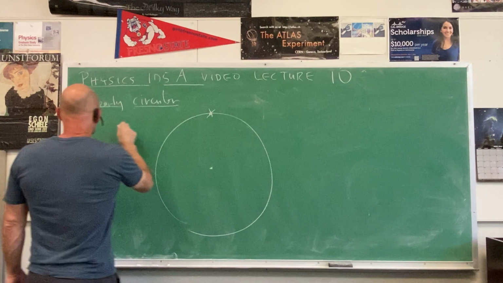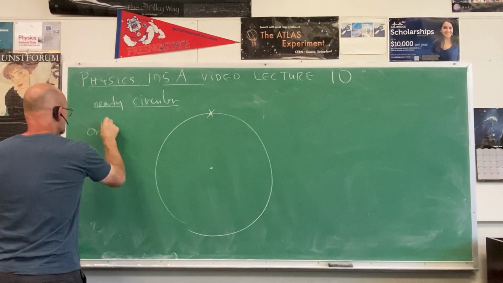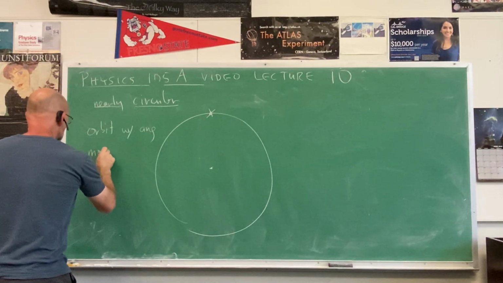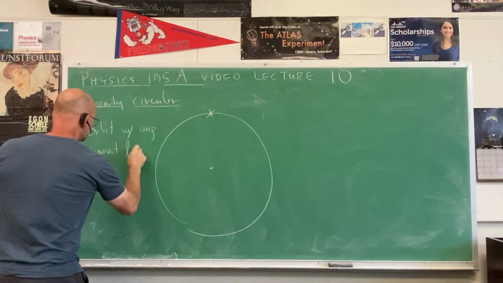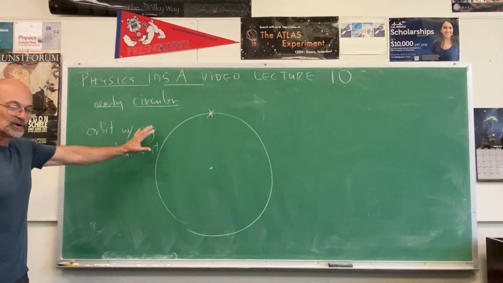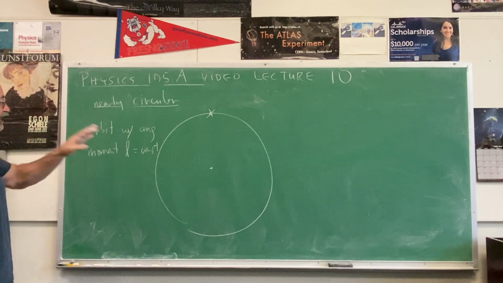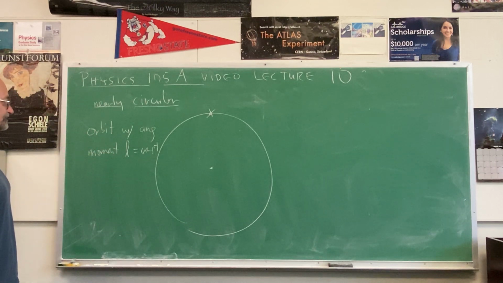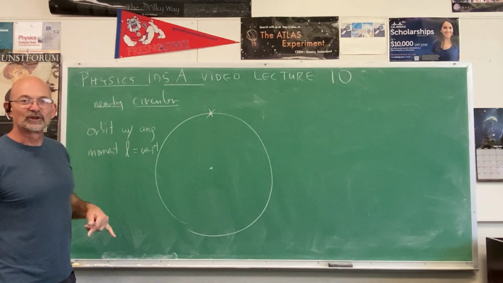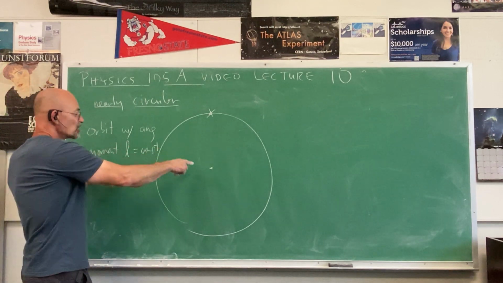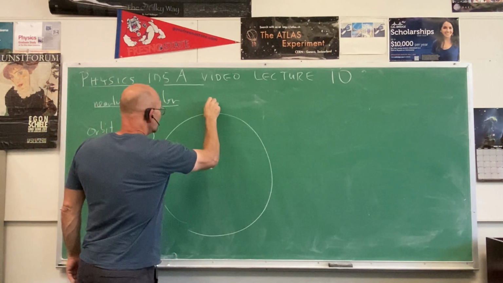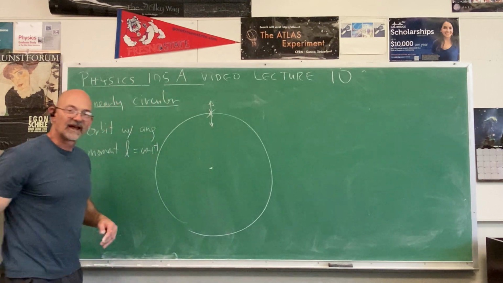So I'm going to go ahead and rewrite this out. Circular orbit with angular momentum L equals constant. Now you'll notice that whole formalism we've been using is always assuming that L equals constant. We want to keep L equal to a constant, but L is constant as long as there's no net external torque. So what we can do to change our orbit, perturb it a bit, is fire our rockets either towards or away from the center of that circle.